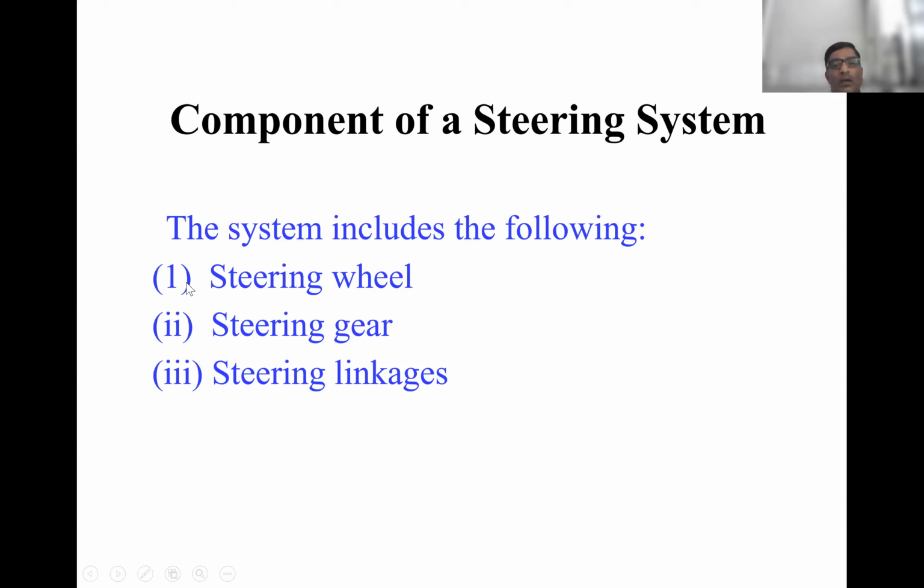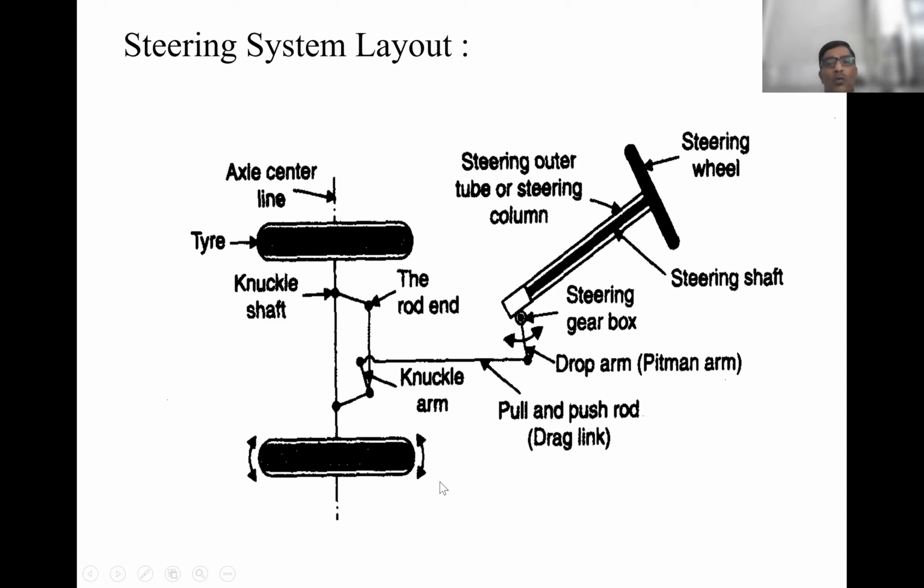Okay. Then components of the steering system. Generally there are three main components: steering wheel, steering gear, and steering linkages. Here it is the steering wheel. This is the steering gearbox, and all these components come under the steering linkages.